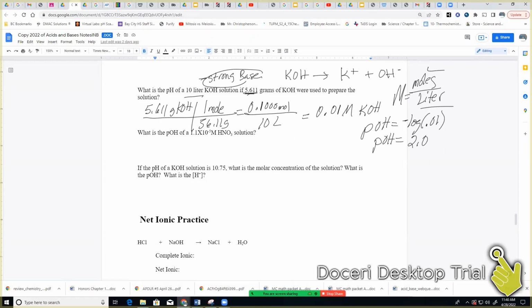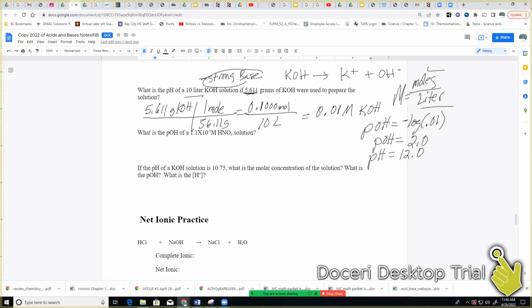That's my 1 sig fig. And then to get my pH, I would do 14 minus 2 and I would get 12.0. That would finally be my pH. So if you're dealing with a base and you're trying to find the pH, it's just going to take that little extra step of subtracting it from 14.